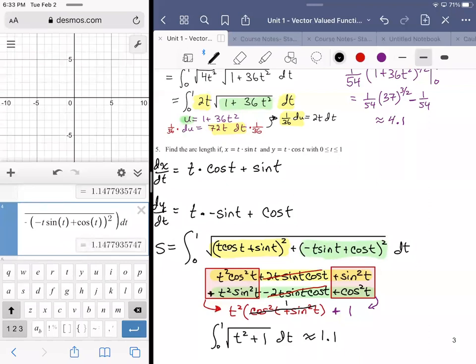And I think that might be the first time I've ever gotten that right on the first try. Usually I type in something incorrectly.